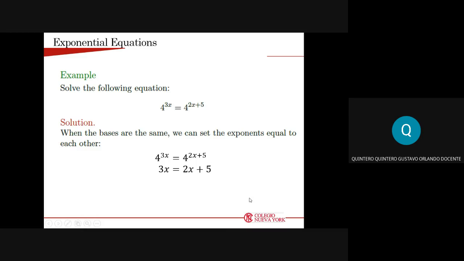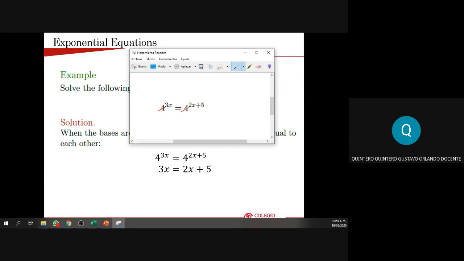Again, what I just did was cancel the bases, but I can only do that if the bases are the same. If this is a 4 and this is another value different than a 4, then I cannot cancel the bases.